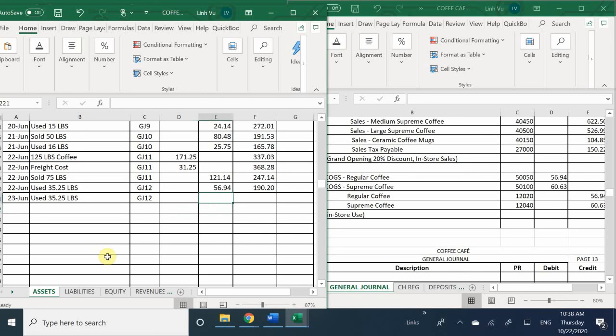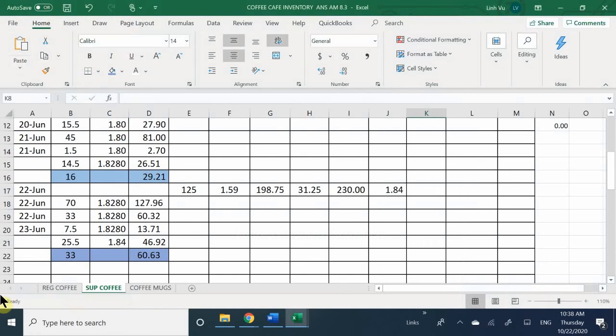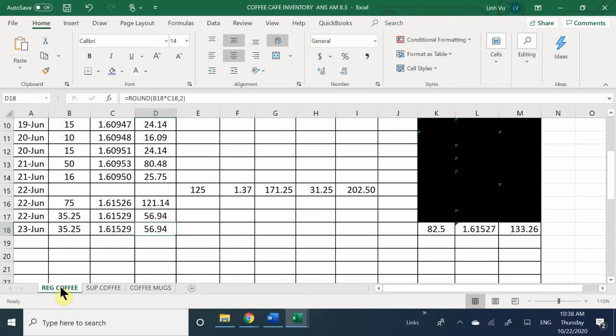And what is my amount? 56.94. Giving me a grand total of 247.14. Oh, my bad. I added. I'm supposed to subtract. That's fine. Right, that's 133.25. Was that 56.94 correct? 133.26. That is correct.